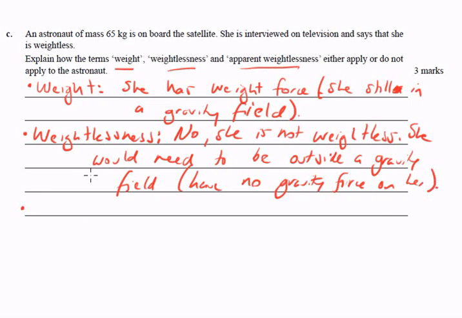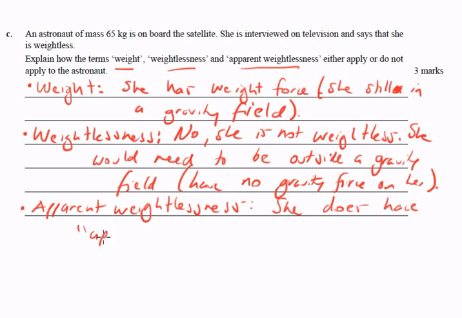And the last one, apparent weightlessness. This is the one that she is, yes. So she has weight, but she appears to be weightless. She does have apparent weightlessness, and let's explain why or how.